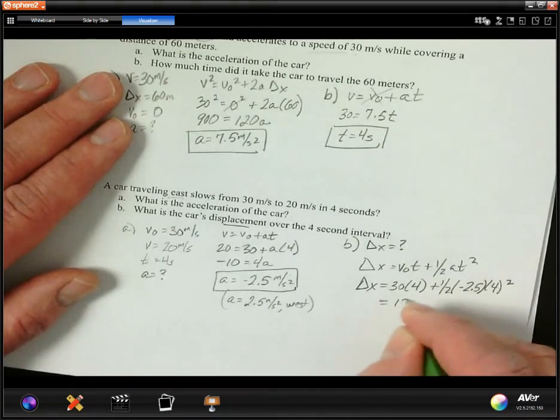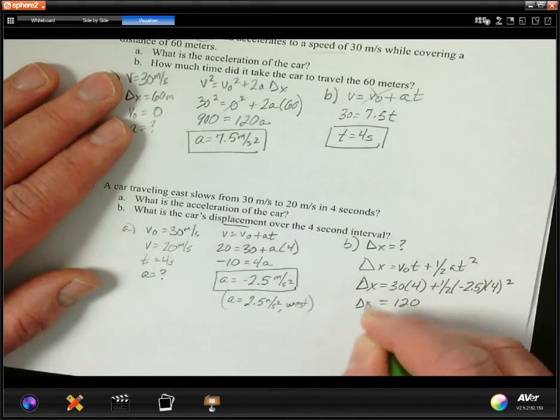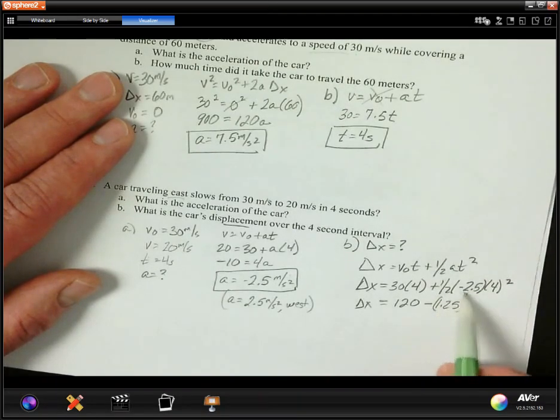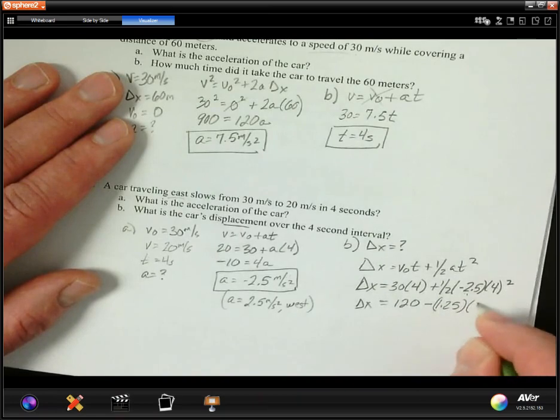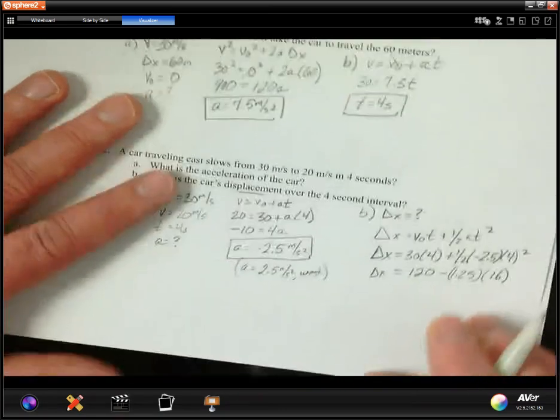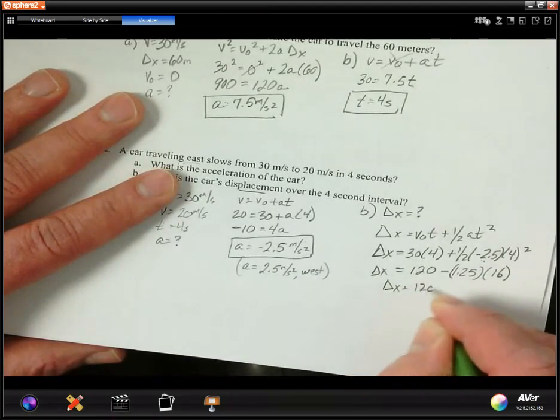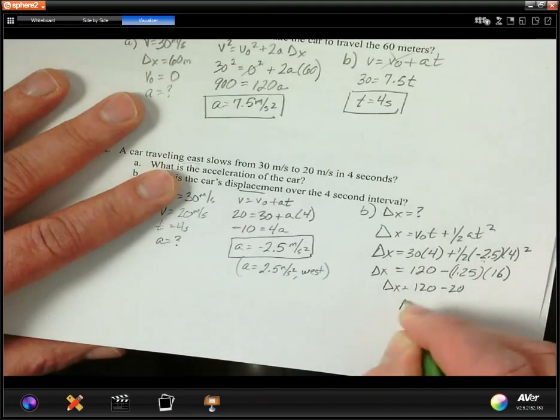So this part here gives me 120. This part, I'll do it step by step. Half of 2.5 is 1.25. And it's going to be negative because half times negative 2.5 is negative. And then 4 squared is 16. Multiply those out and I get 20. So then delta x is 100 meters.